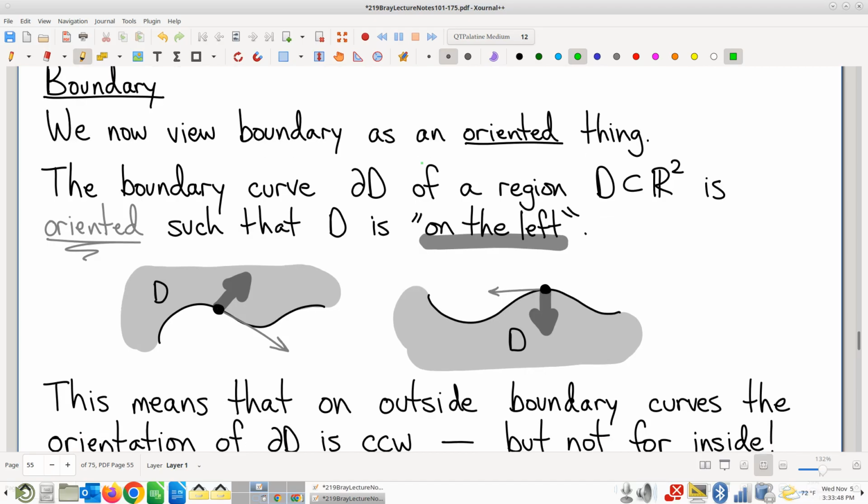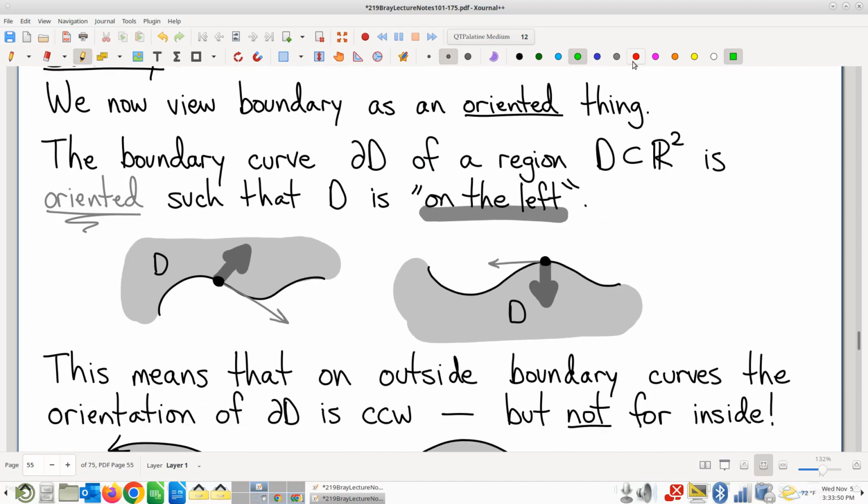Here's the convention. If you have some region, and for whatever reason I like to think of this as being like a grassy field, so some two-dimensional region, we can talk about the boundary. Maybe there's a little walking path going along the boundary there. That's the boundary of our grassy field.